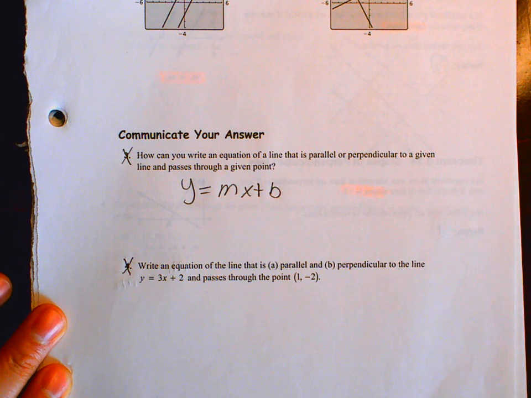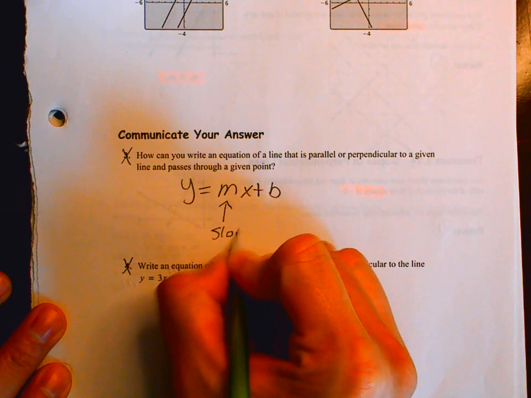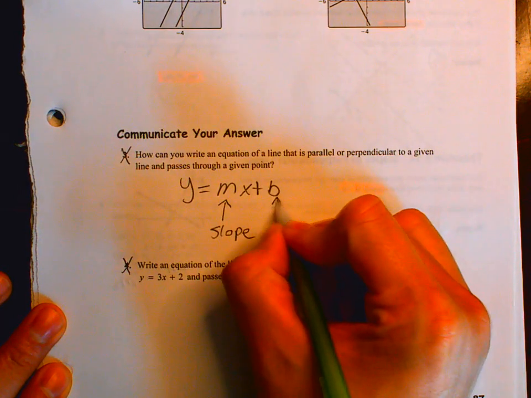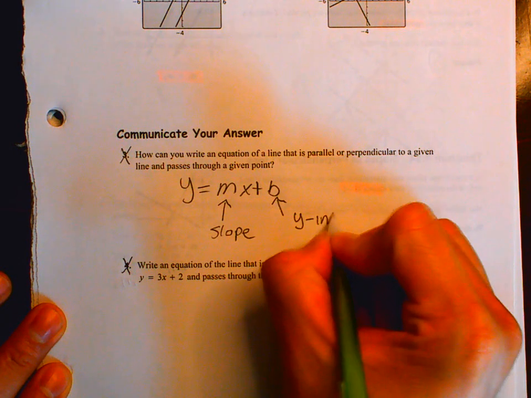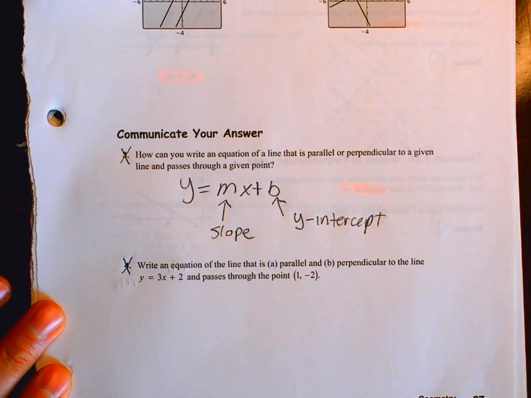This is the standard equation of a line, where m is your slope and b is your y-intercept. You need to remember these two pieces of information, because that is what's going to help us solve the equations, since today we're going to be writing equations of parallel and perpendicular lines. So let's get started, because there are plenty of them to go through.